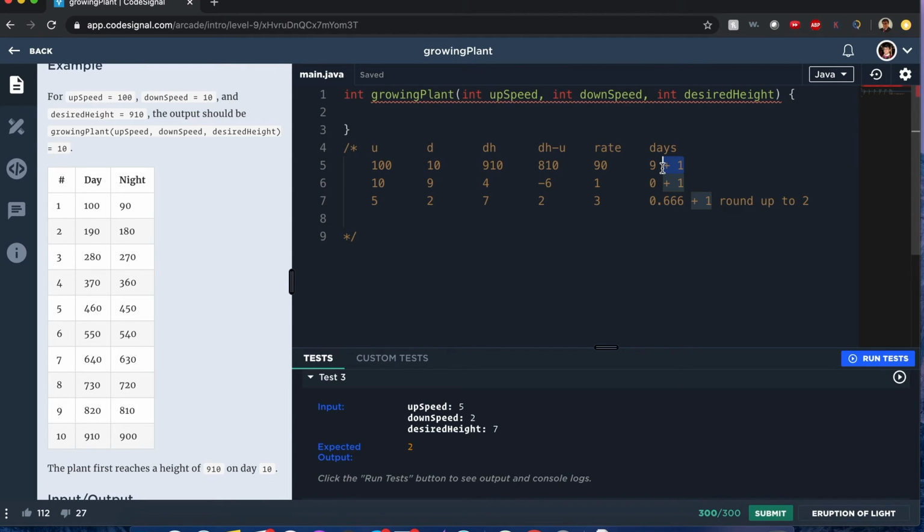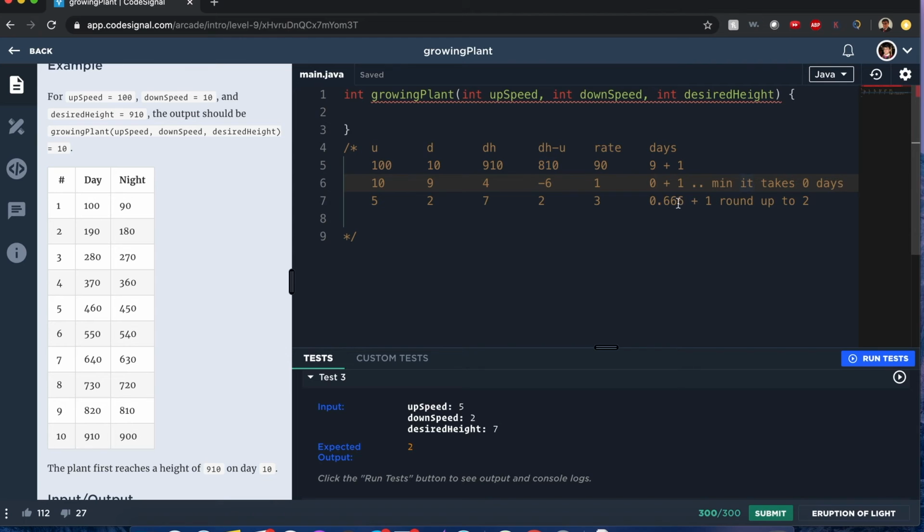So we get the perfect number of days when its last behavior is going up at that speed. We can also have the scenario where it grows exactly on that first day, so we know that at the minimum it takes 0 days in between, where it goes up speed and down speed right away. It's really just up height.